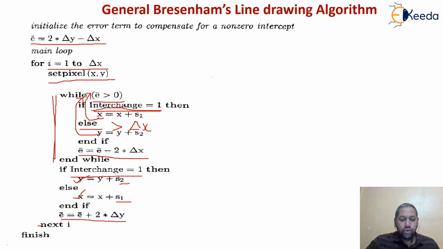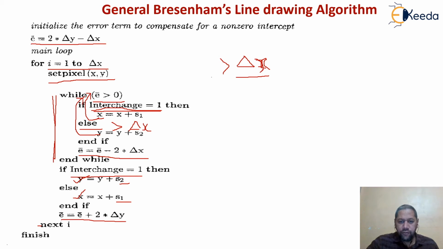Everyone knows the main advantage of this algorithm: it uses all integer variables. The basic idea depends upon which value is greater. If delta x is greater, x is always incremented or decremented by 1 and y depends upon the error term.